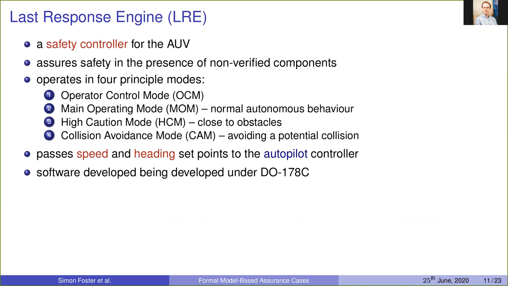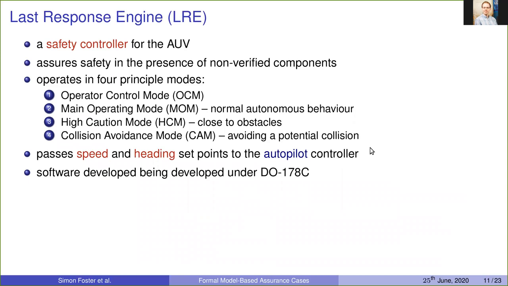other dangerous event. So it operates in 4 principal modes. You have operator control mode, where the operator has got responsibility, main operating mode, where it's operating at full speed autonomously, high caution mode, where it's getting close to obstacles, and collision avoidance mode, where it's detected a collision and it's trying to avoid it. So what does the LRE do?